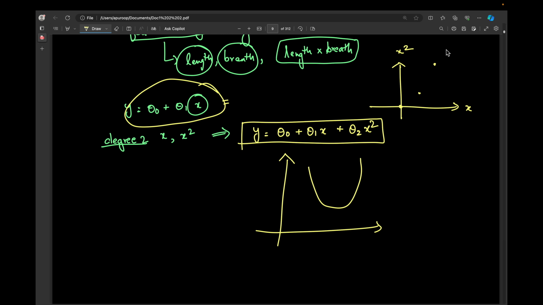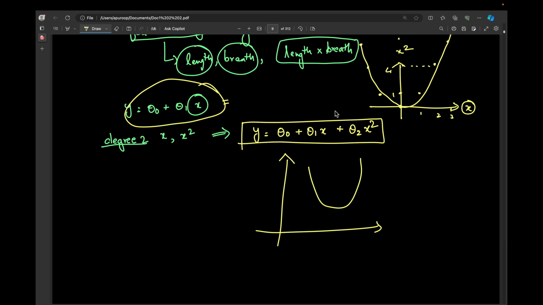For input 3, it will be 9, because we are trying to find the square. Like that, if we go towards minus, then we'll have 1, 4, and 9. So like this, we'll get a U-shaped curve if we use x square, right?